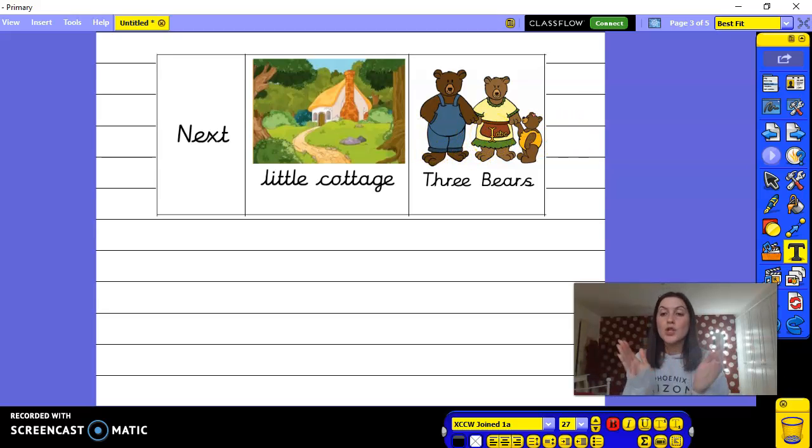What will I need at the end of that sentence? A full stop. Fantastic. So now I'm going to have a go at writing that sentence down.